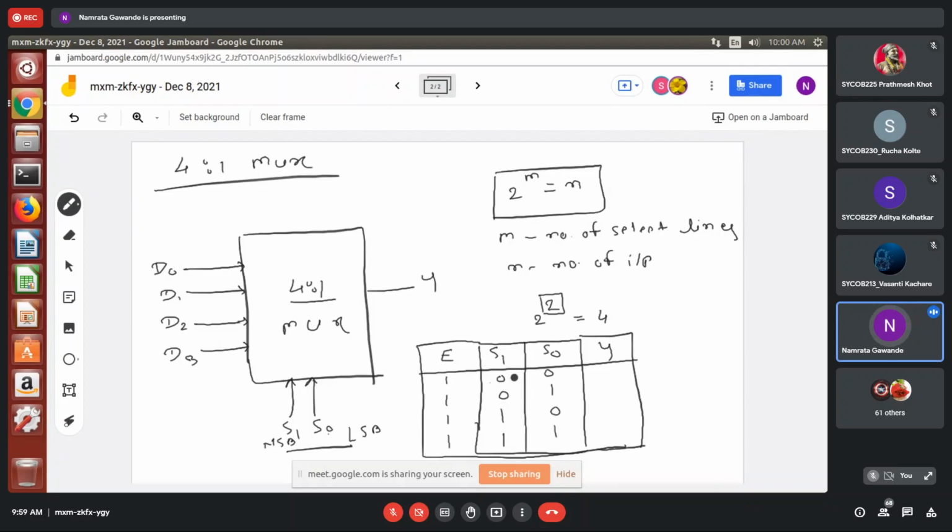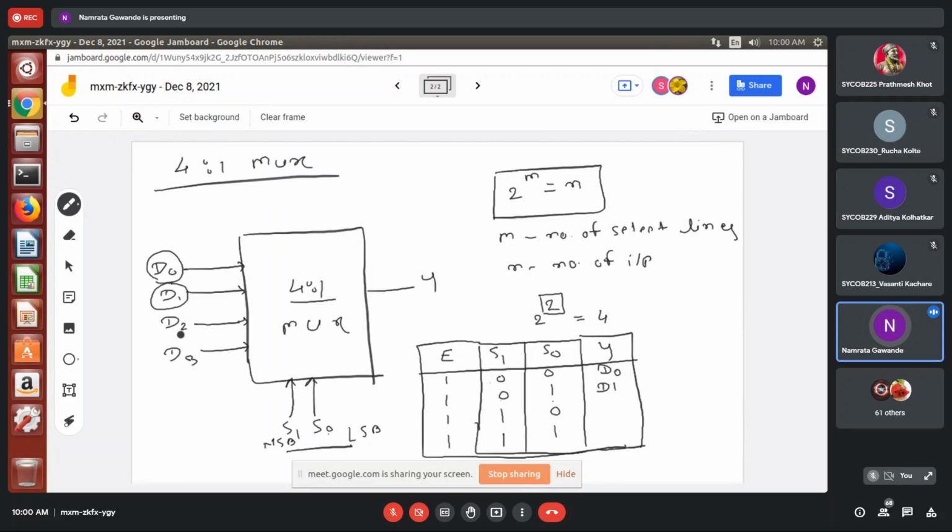When S1 and S0 are both 0, D0 will be selected, so the output will be D0. When S1 S0 is 0 1, D1 will be selected, and it will give the output as D1.